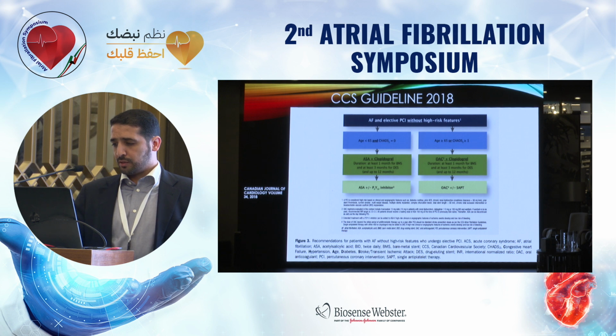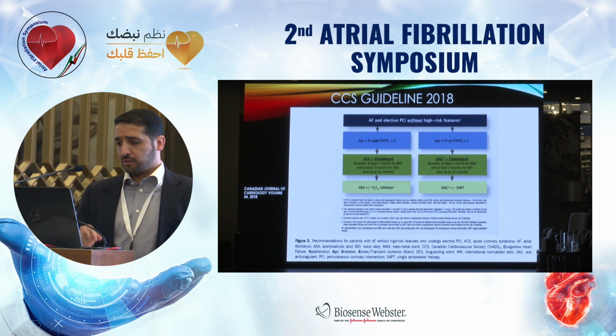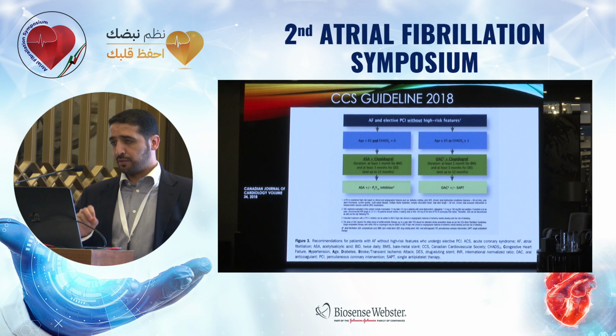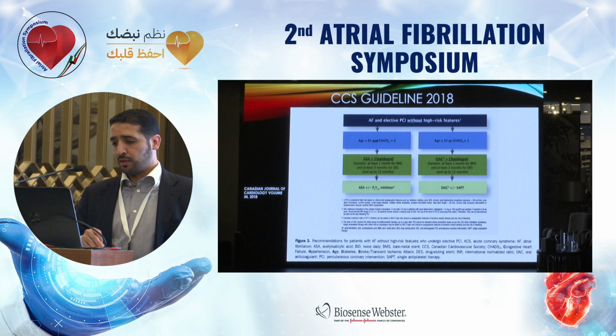What I think is likely easier to remember is the Canadian guideline, although it is from 2018. They choose patients with atrial fibrillation who have elective PCI, like stable coronary artery disease, or patients who have no high-risk features, and they describe very well what the high-risk features are. Then they decide on the CHADS score and go with an algorithm.